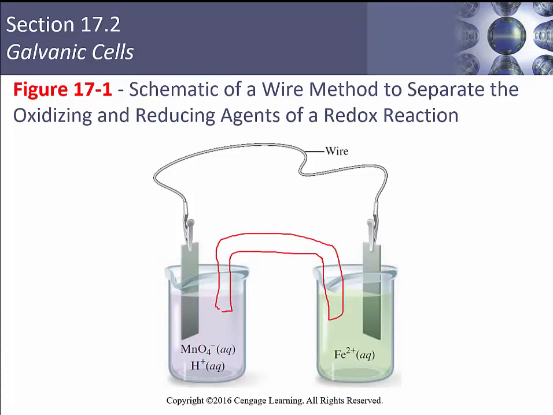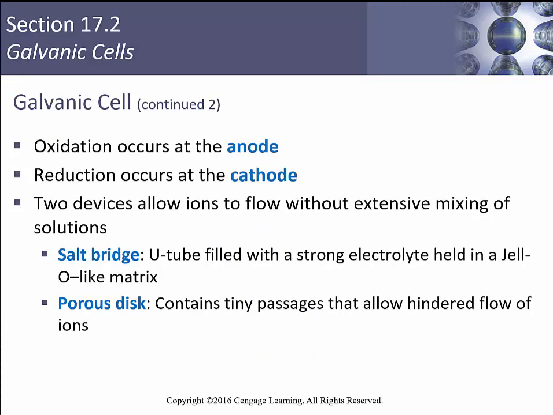Usually that's going to be a salt bridge in most of these illustrations. We'll see that it can be a porous disc or something else that allows ion migration. Okay? So oxidation at the anode, reduction at the cathode. We've got two ways to separate those, either a salt bridge, so a U-tube filled with a strong electrolyte held in a jello-like matrix of agar or something else, or it could just be a string with some saturated electrolyte.